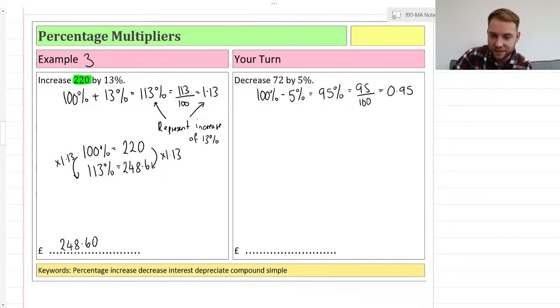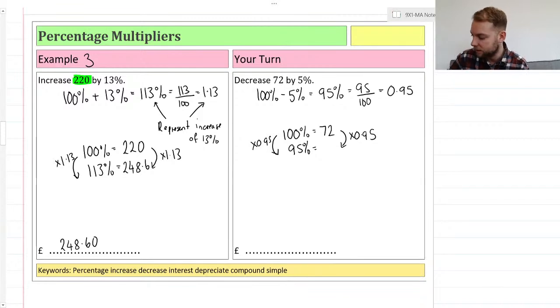So we know that the 72 represents 100%, so we'd write here 100% is equal to 72. So to find 95%, which represents a decrease of 5%, we times by 0.95. So 95% is equal to 72 times by 0.95.